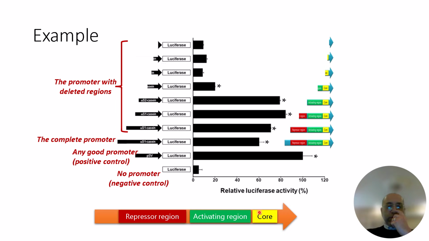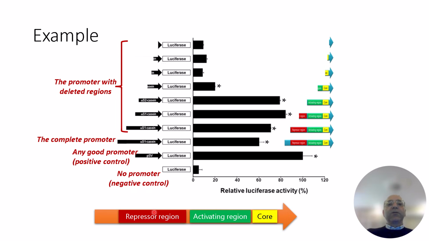And what I do is the following. I take the recombinant DNA that contains the luciferase gene, and I place the promoter that I want to study. Okay, the complete promoter. This whole thing that contains the core promoter, the activating region, the repressor region.